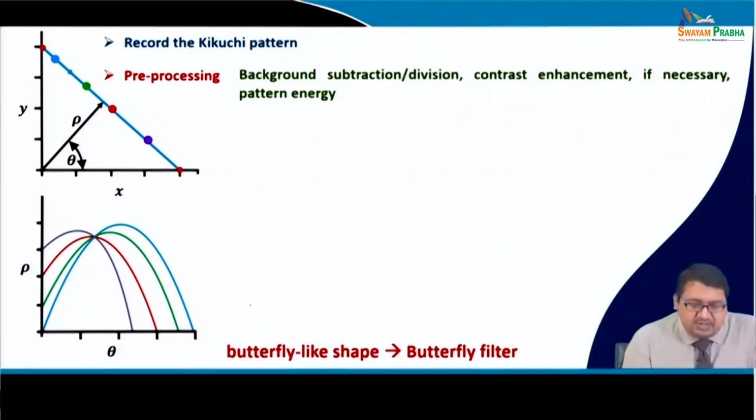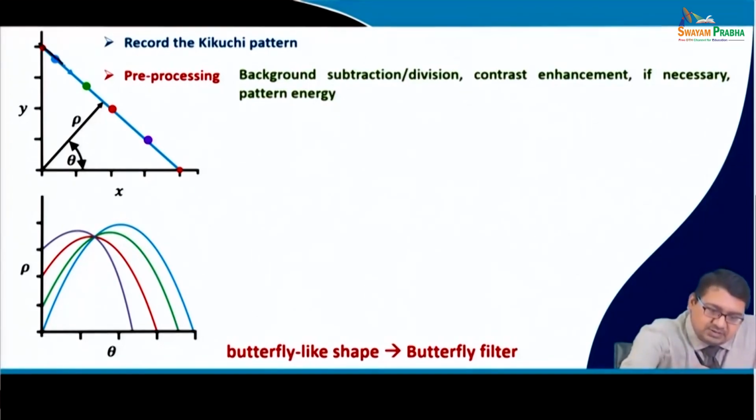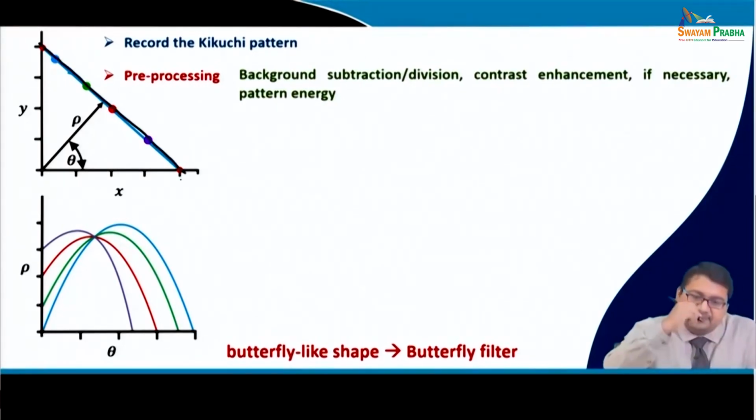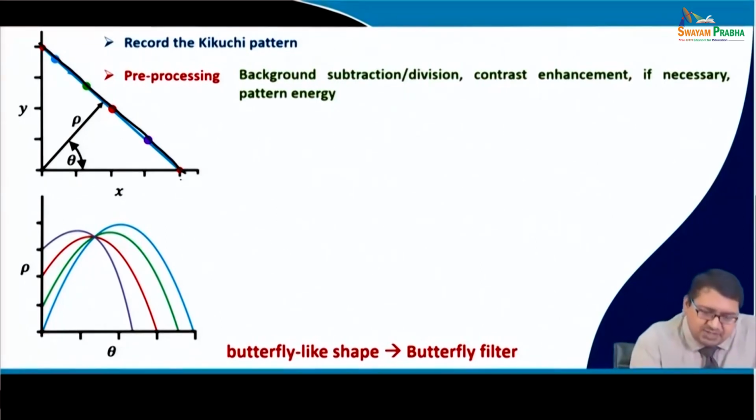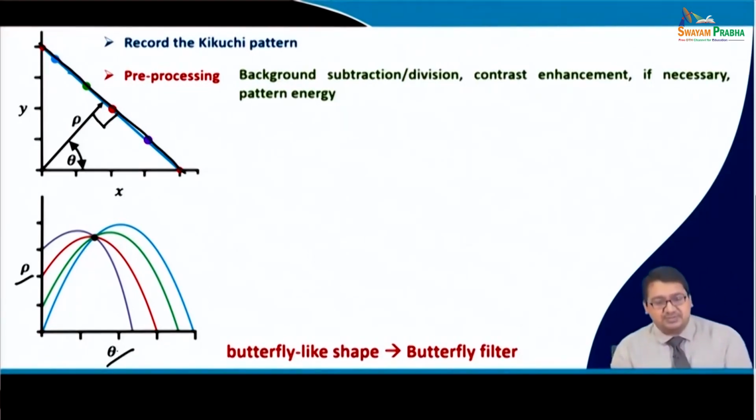So, if you look into this Kikuchi band, the position of this line, which is perpendicular to this band, is converted into a spot somewhere here, and this spot is such that it has a rho and it has a theta, and this is the Hough space.